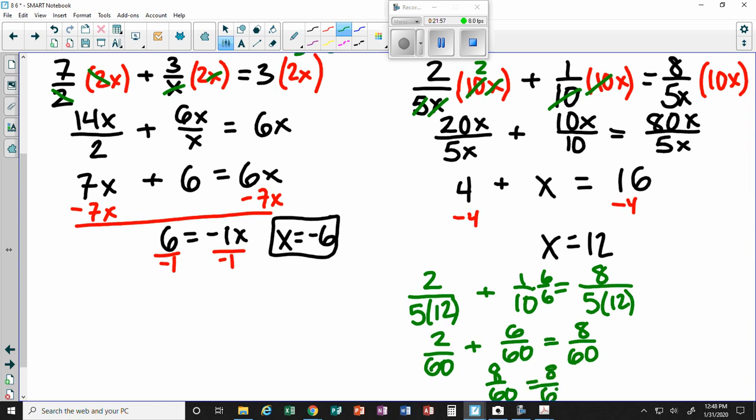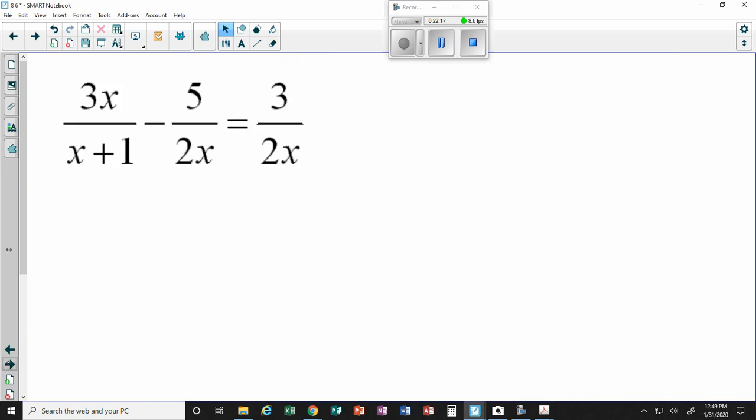So it works. So that equals 12. Alright, so that's the case where you had common denominators. Same thing here.